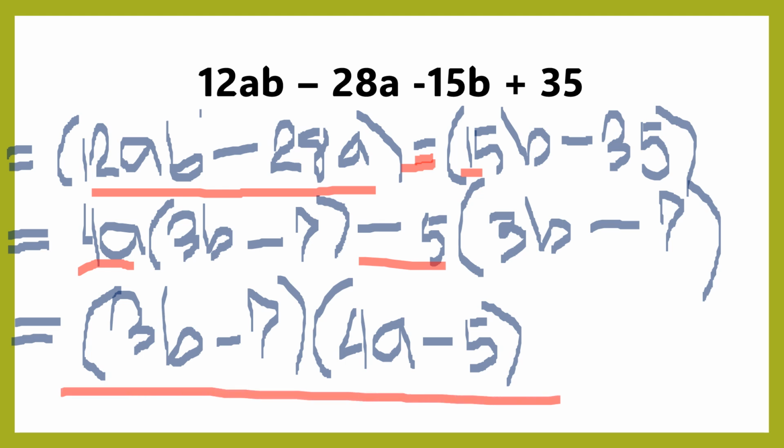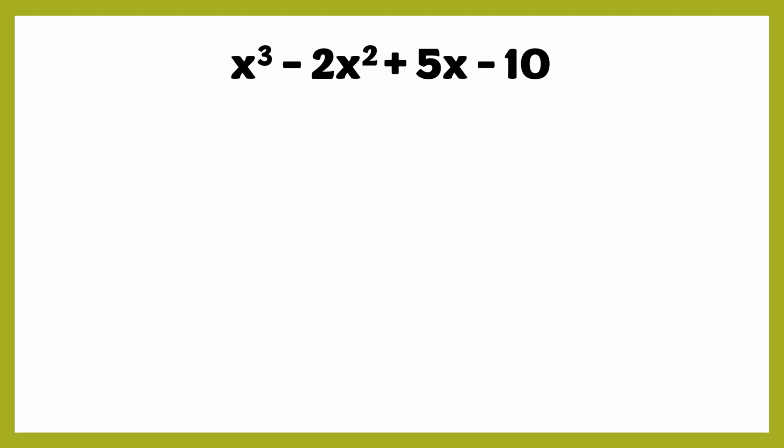Alright, let's move to the next example. Here we have x cubed minus 2x squared plus 5x minus 10. The polynomial has 4 terms, which means we have to group them into 2 binomials. Okay, we have here the first one, x cubed minus 2x squared.